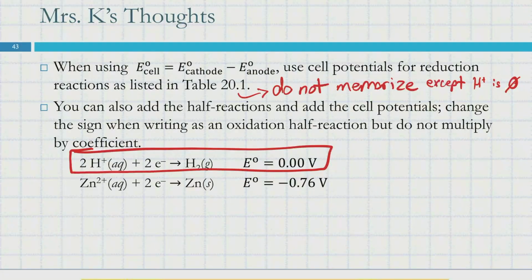You can also, instead of using this equation, use the half reactions and add the cell potentials.